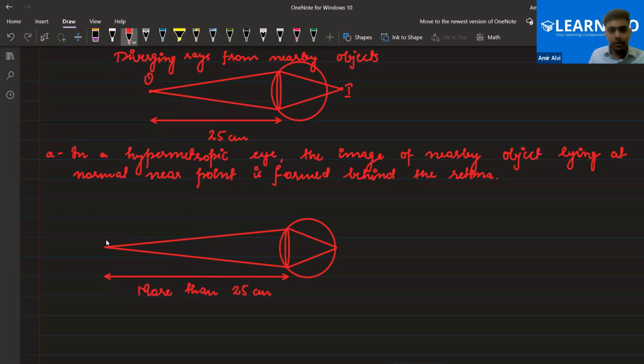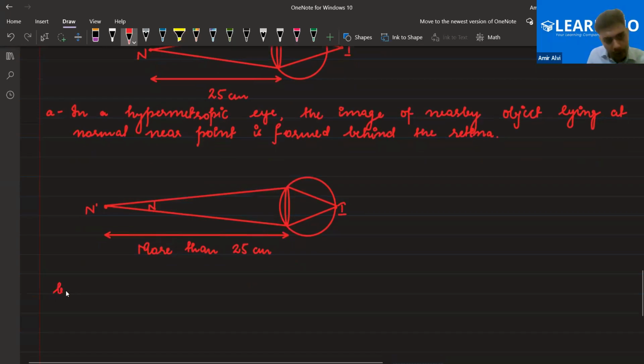More than 25 centimeter, and this is point N, and this is point N dash. N dash means it is not equal to 25 centimeter. It is greater than the normal near point, yes or no, Shazil? Yes, sir. So the image is formed on the retina like this.